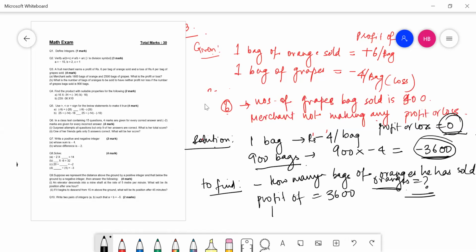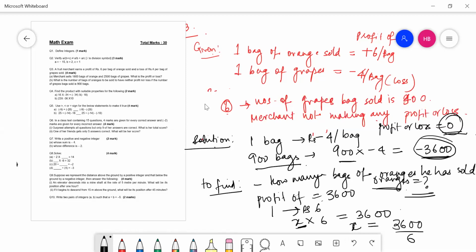One bag, how much profit am I making? Rupees 6. So to make 3600 of profit, x into 6 should become 3600, right? The number right now I don't know, so into 6 I have done. To find the number of bags, I have to do division.